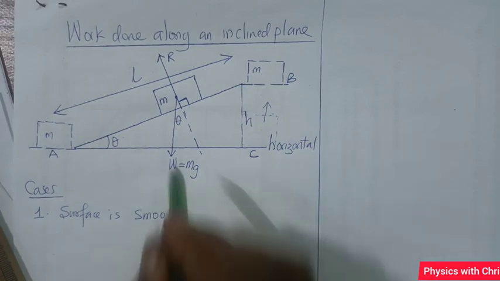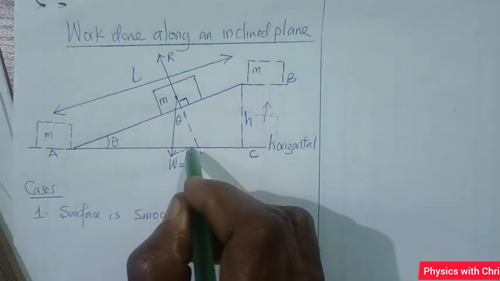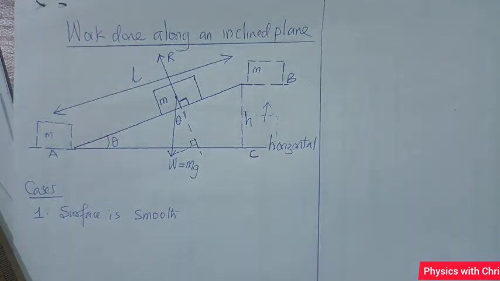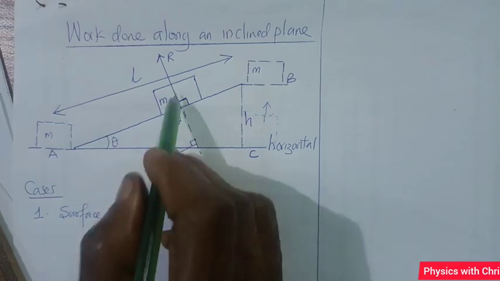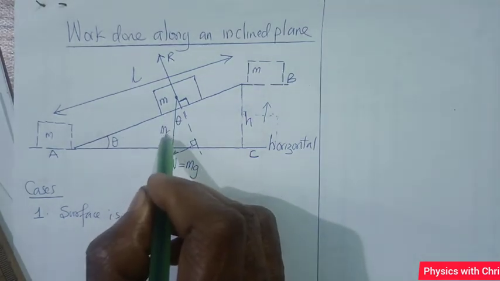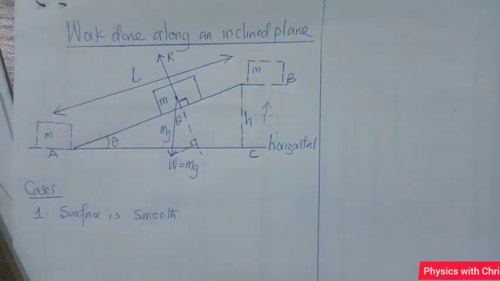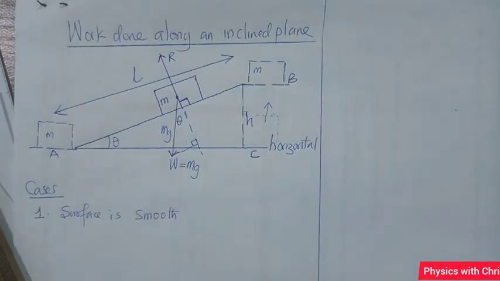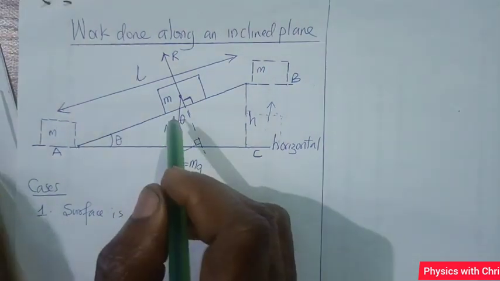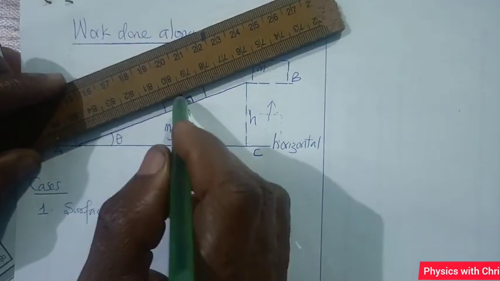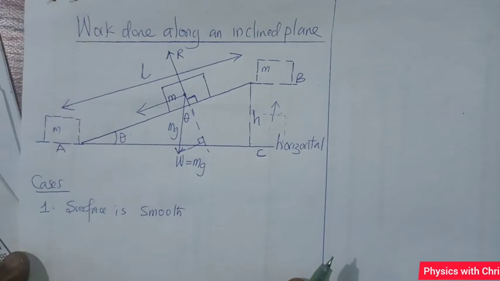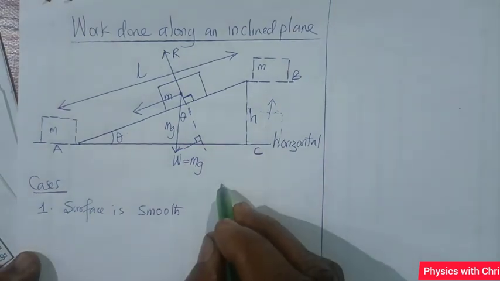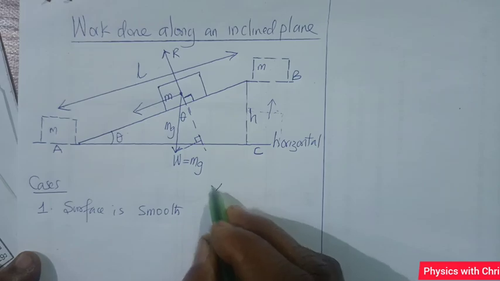Now I will need to resolve the weight of this block. The weight of this block has two components. Using this right angle triangle, there's a component of the weight of the block which is acting along the hypotenuse of this right angle triangle, that is, acting along the plane. A component of the weight mg acts parallel to the plane, down the plane. Can I call that the x component?